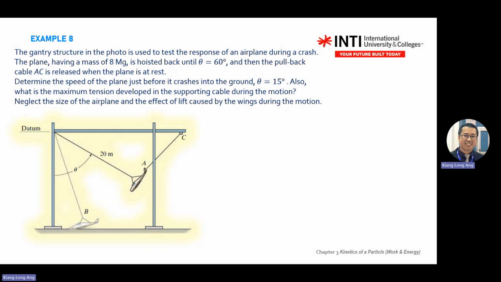Then the pullback cable AC is released when the plane is at rest. So you have velocity. You have angle. You have datum. You have the length of the rope.